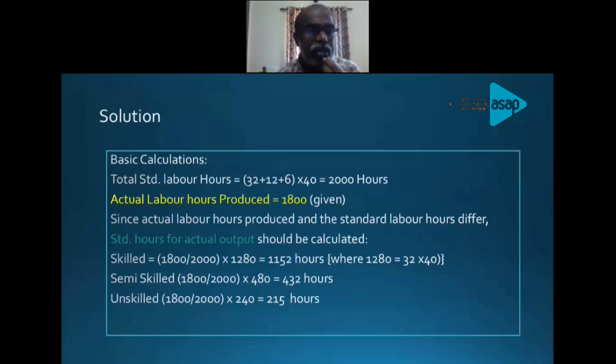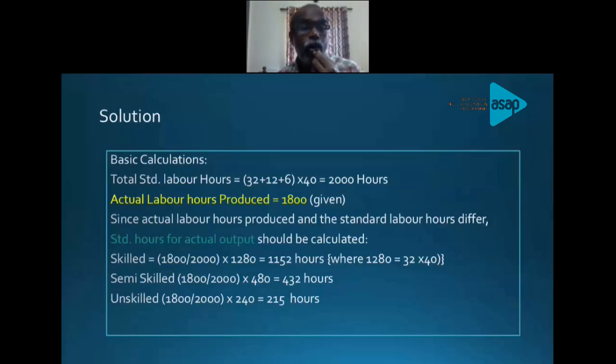In case of unskilled workers also, similar calculation is required. 1,800 divided by 2,000 into 240. The number of unskilled workers is 6, and they were expected to work for 40 hours. So 6 into 40 is 240.